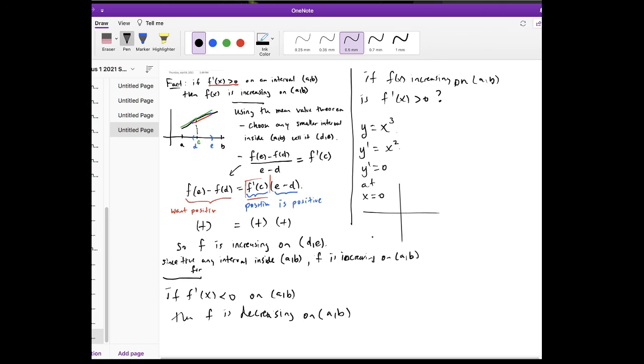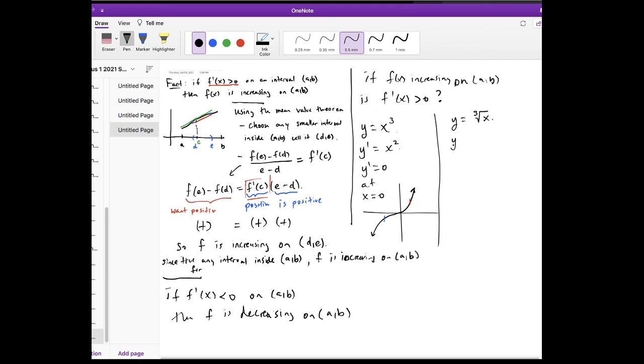So you have the derivative equal to 0, but it is still strictly increasing everywhere, right? If you choose any two x values, the difference in y values will always be positive.